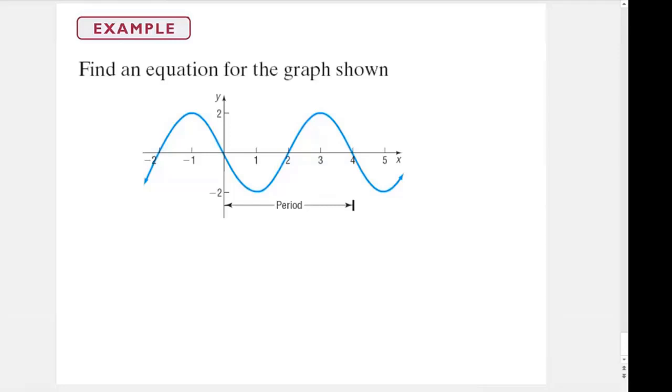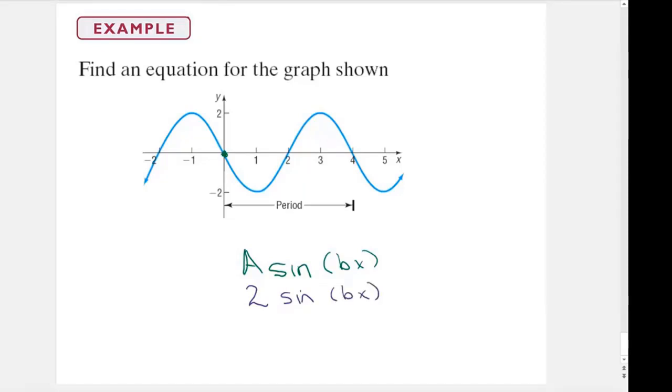So is this a sine? This would be sine because it is starting at 0. Perfect. So we have a sine of bx. We know that the amplitude is 2. Good. So we're going to change this to 2 sine of bx.